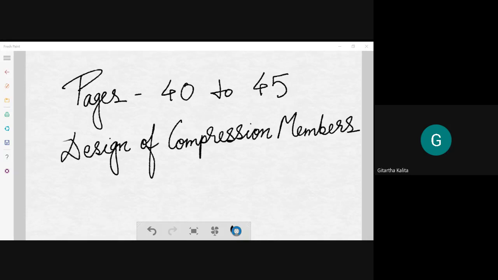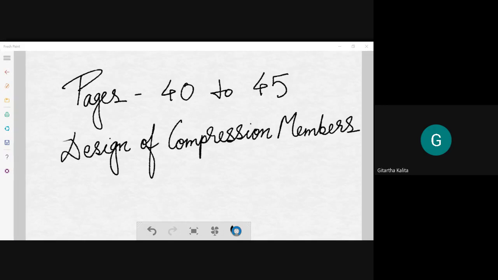Now you also need to have your steel table. If you do not have your steel table with you, please take it and keep it at hand.